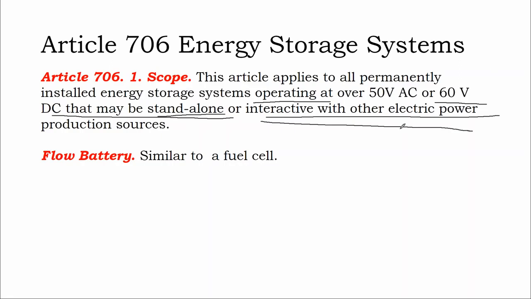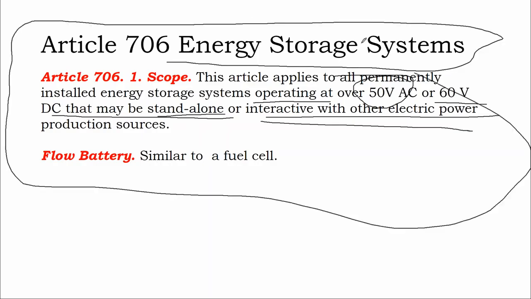You could say, okay, well, operating at 50 volts AC, that's going to be most battery inverters, which output over 50 volts AC. So batteries for buildings are being pulled into this scope.